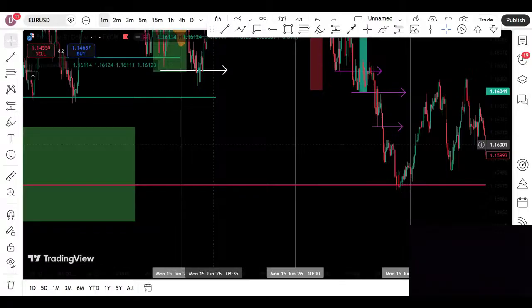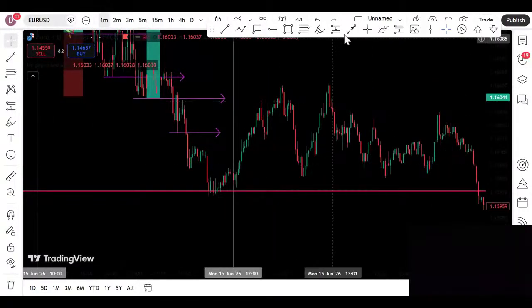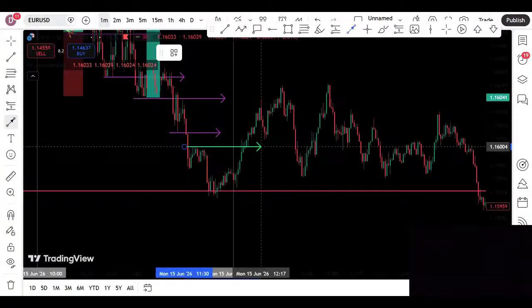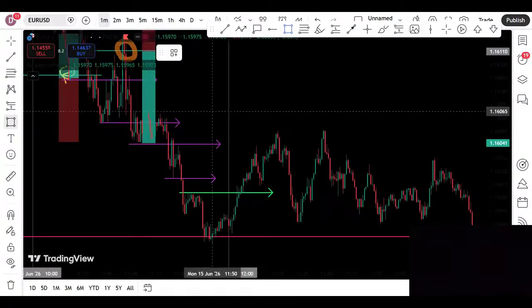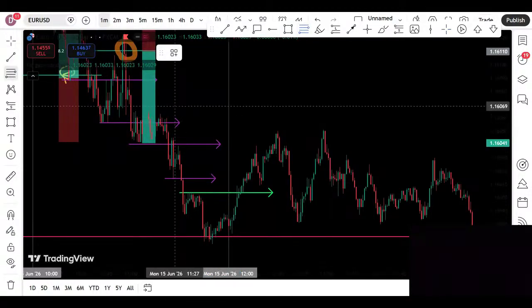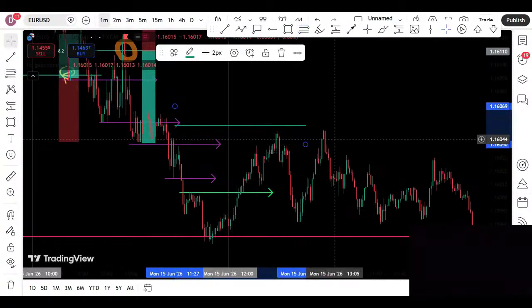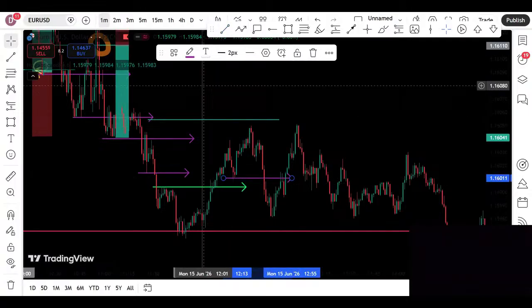We ran it, swept it, then let's see. You see price start back in here, start back into the zone. What do we do? You see price run that now.